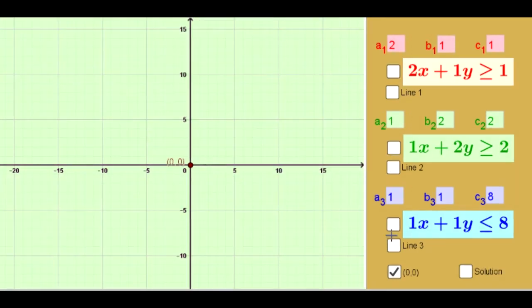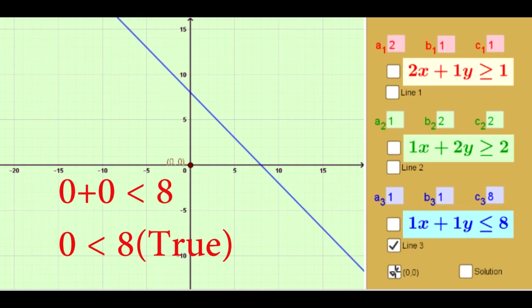Next, consider the third inequality: x plus y less than or equal to 8. So here it is given less than or equal to. As usual, first draw the line x plus y is equal to 8. Now take the point (0, 0) and substitute it in the inequality x plus y less than or equal to 8.